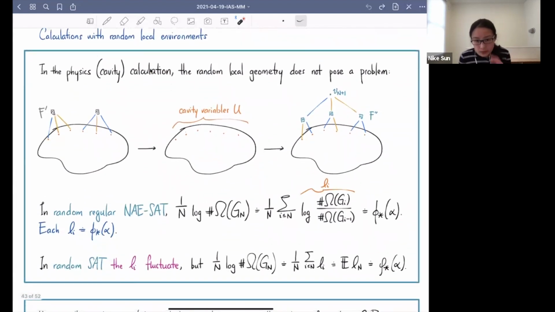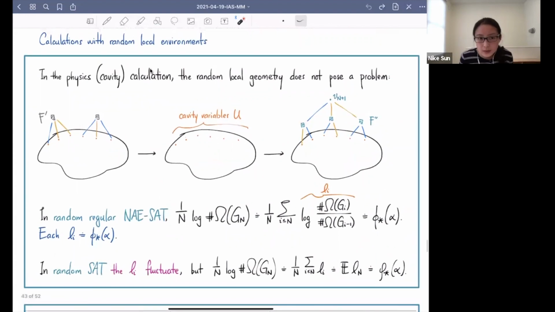So then I want to say what type of calculations you can do with these random local environments. It turns out that in the physics calculation, having this random local geometry does not really matter. This is why in the physics predictions for these types of models, in the setting of graphs, they typically don't matter so much if it's a random regular graph or a random Erdős-Rényi graph.